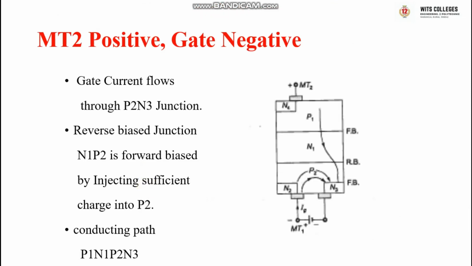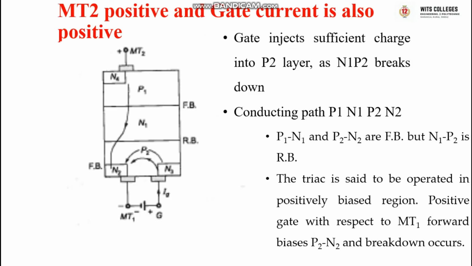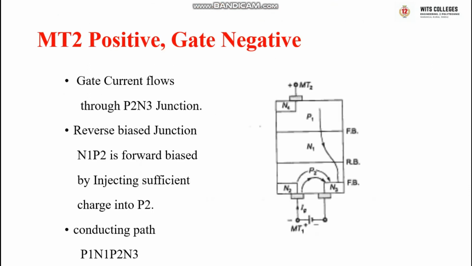Next, second one, MT2 is positive and gate is negative. In the previous case MT2 was positive and gate current also positive, but in this case MT2 is positive and gate current is negative. See here IG is negative. Gate current flows through P2 N3. So here I am injecting initial charge carriers into the N3 layer, but the conducting path changes from this to this during the breakdown condition.